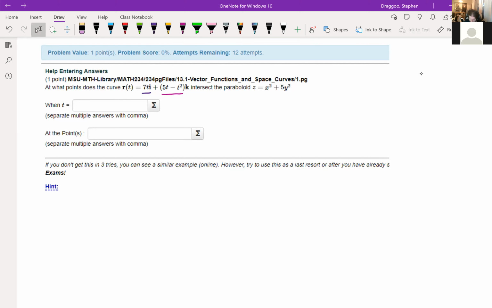So I'm going to take this equation and plug stuff into it. I've got z equals x squared plus 5y squared. Z, I know, is 5t minus t squared.